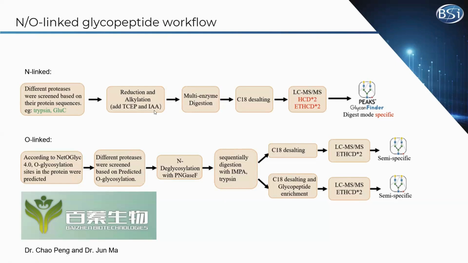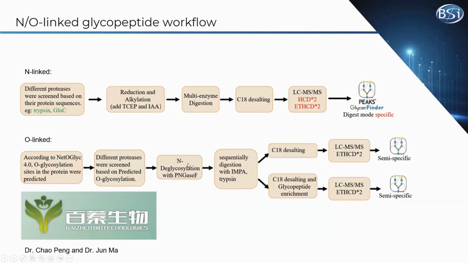With the N-linked workflow, we do reduction alkylation, multi-enzyme digestion, desalting, and run on our Orbitrap in both HCD and ETHCD mode. For O-linked, again, we do the O-linked glycosite prediction.